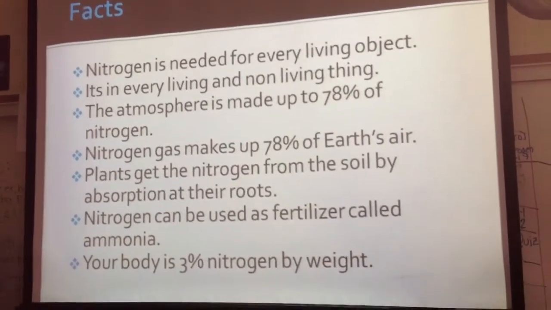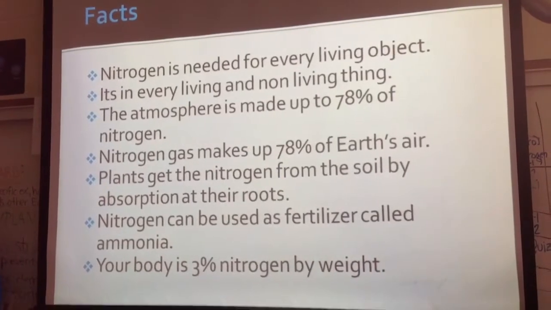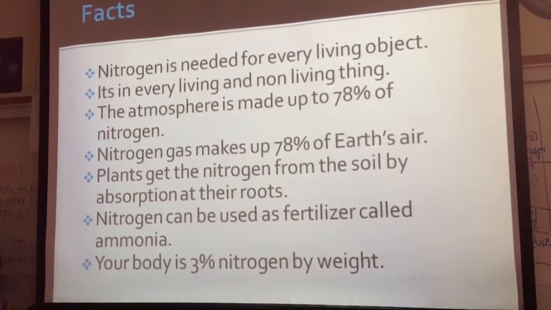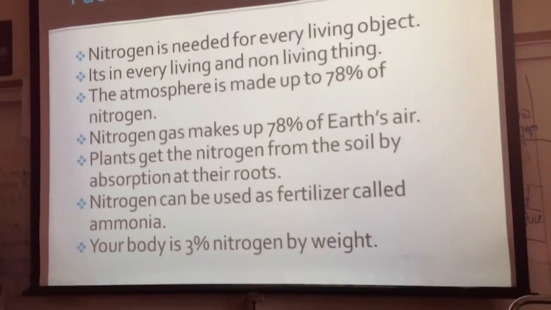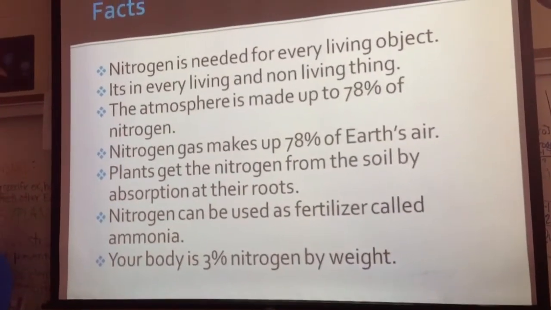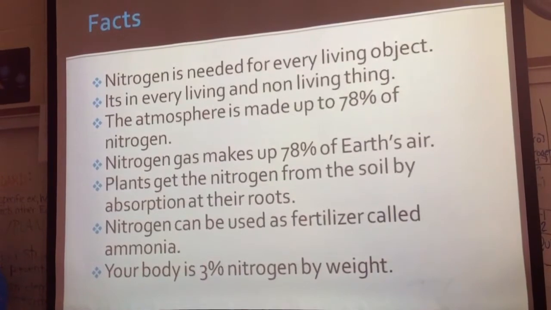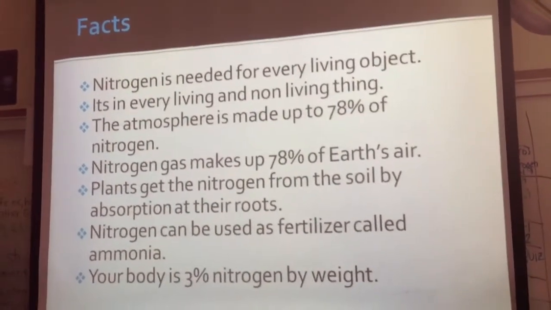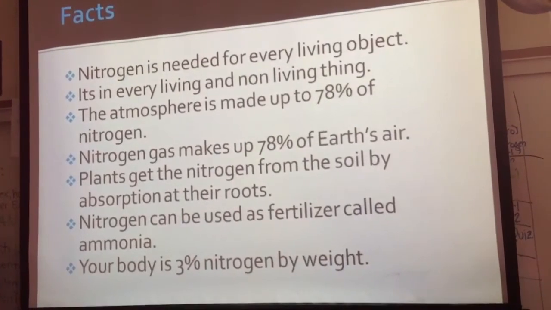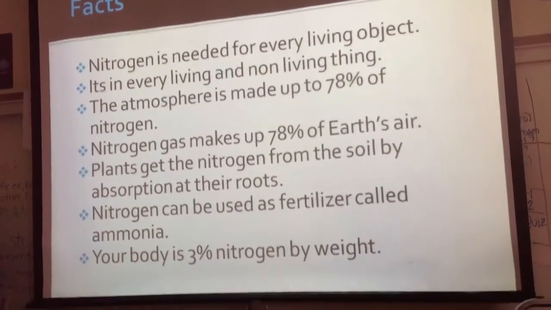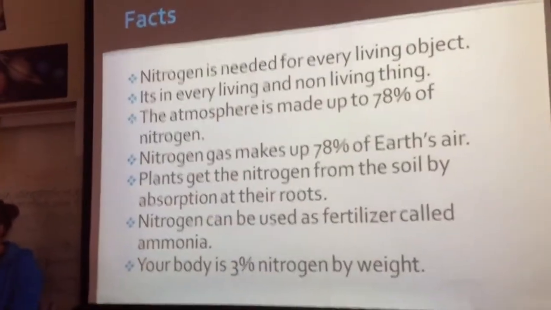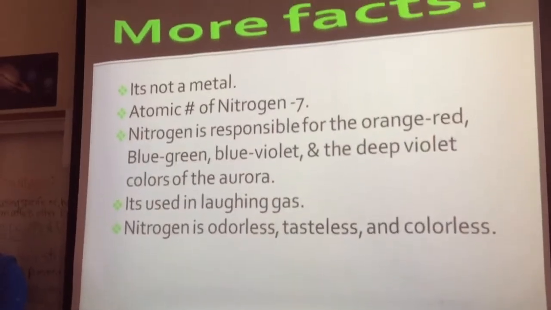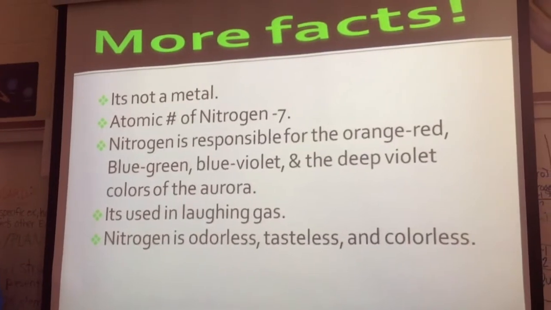Plants get their nitrogen from the soil by absorbing it at their roots. Nitrogen can be used as fertilizer called ammonia. Your body is 3% nitrogen by weight. And nitrogen is not a metal.